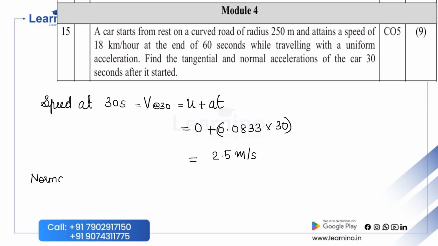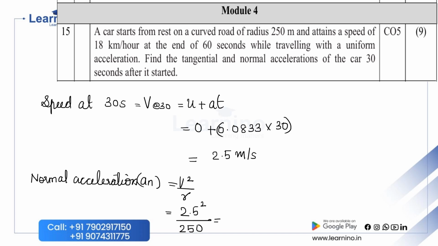And next we need to find out the normal acceleration. What is the value of normal acceleration? An is equal to v square divided by r. We need the normal acceleration of the car 30 seconds after it started. So after 30 seconds, the normal acceleration will be 2.5 the whole square divided by r, that is 250.